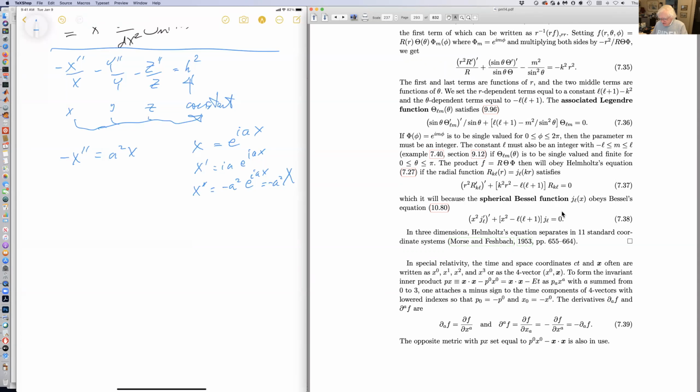Now, as I might have said to you earlier, the cylindrical Bessel functions are kind of nightmare functions because they're infinite series and they're kind of unfamiliar. But the spherical Bessel functions are very nice. They're related to sines and cosines in a very simple way. So the spherical Bessel functions are your friends. Now, why are they nicer?